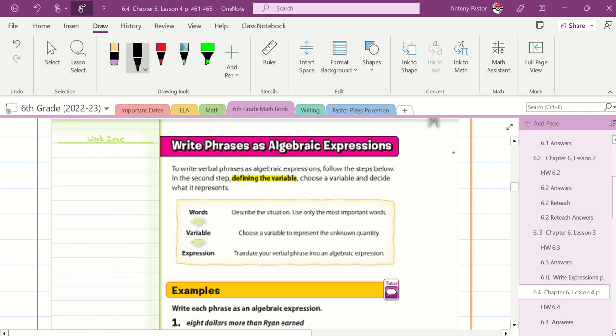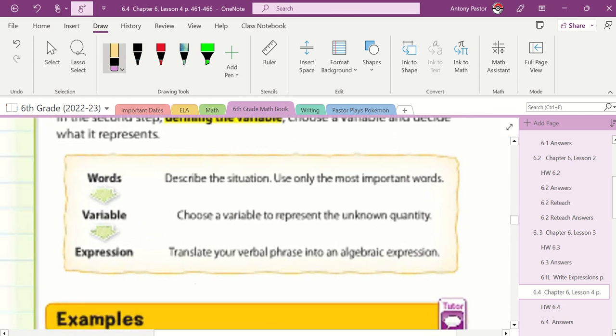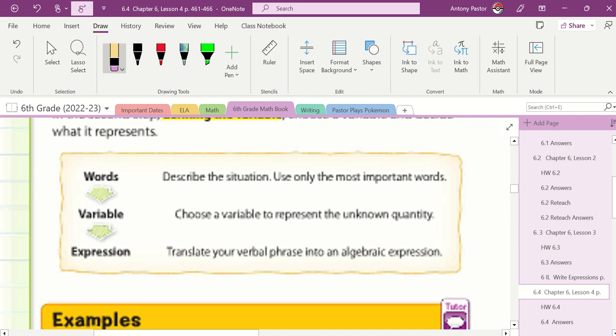So let's go ahead and look at this example. Describe the situation, use only the most important words, choose a variable to represent the unknown quantity, and translate your verbal phrase into an algebraic expression. So let's break this down. Describe the situation, use only the most important words.